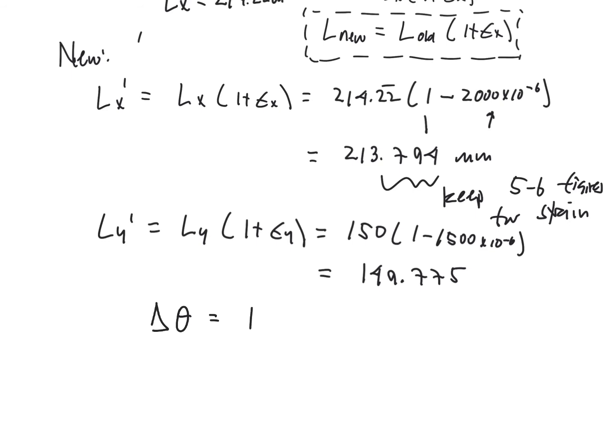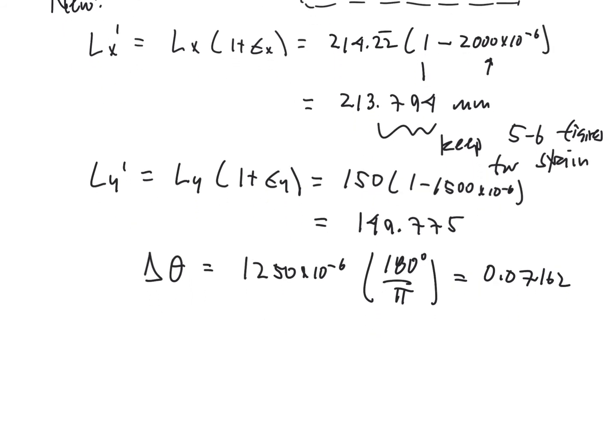So it's going to be 1250 times 10 to the minus 6. That is the strain, and that's just going to be the angle change. So if we multiply that and convert it to degrees, that would be 180 degrees per pi radians. So that would be 0.07162.